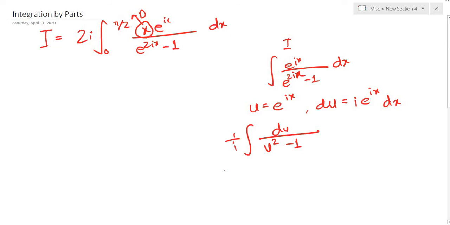Now 1 over i is nothing but negative i, and we actually have a pretty neat formula for the antiderivative of 1 over u squared minus 1. So that's half times the natural log of u minus 1 over u plus 1.